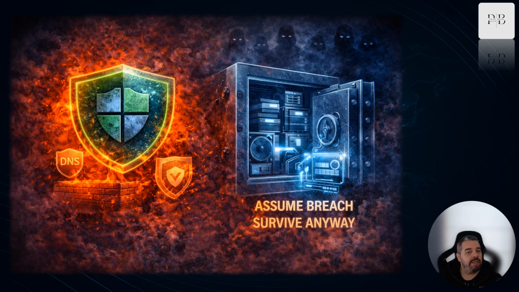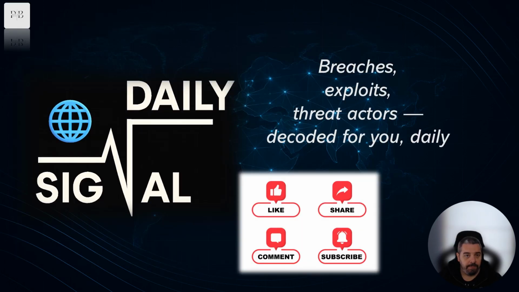Recovery speed beats perfection. So a system that can be rebuilt in 30 minutes is far more secure than one that hopes nothing goes wrong. This is resilience, this is professionalism, and this is how you stop being a victim even if something slips through.